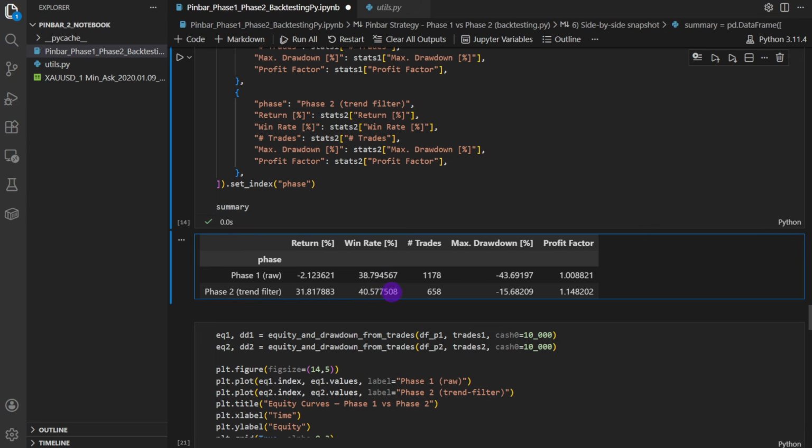So just with a slight improvement, the win rate doesn't mean much in this case. We can see how big a difference we got in the returns percentages. And the number of trades, of course, decreased. The maximum drawdown decreased to minus 15%, and the profit factor increased from 1 to almost 1.15.